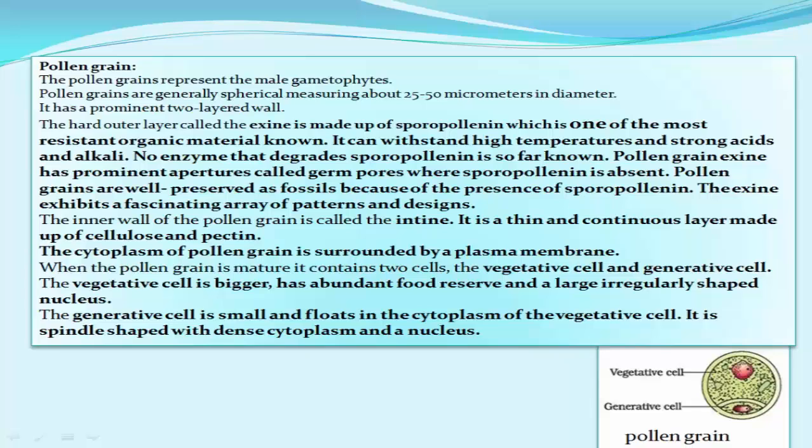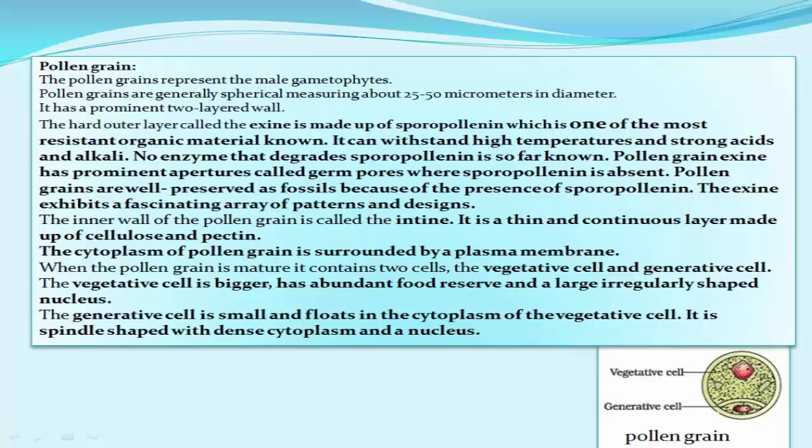That is why pollen grains are well preserved as fossils. What is the reason behind the fossilization of pollen grains? For an unlimited period of time, the pollen grains are preserved. They are observed during excavation.